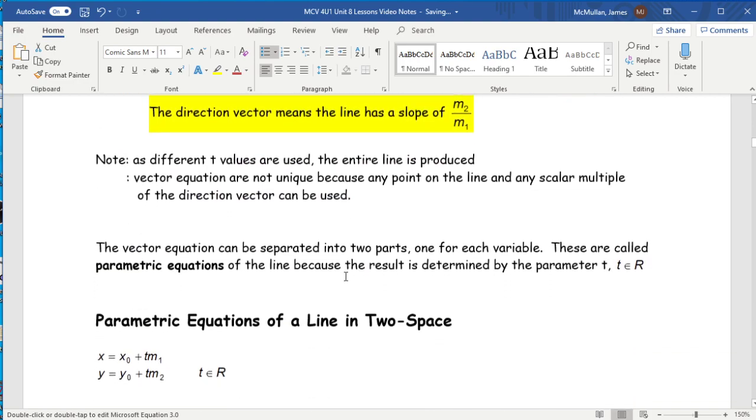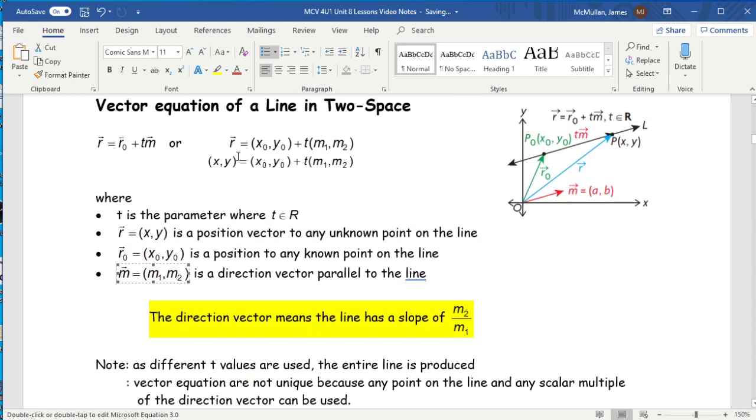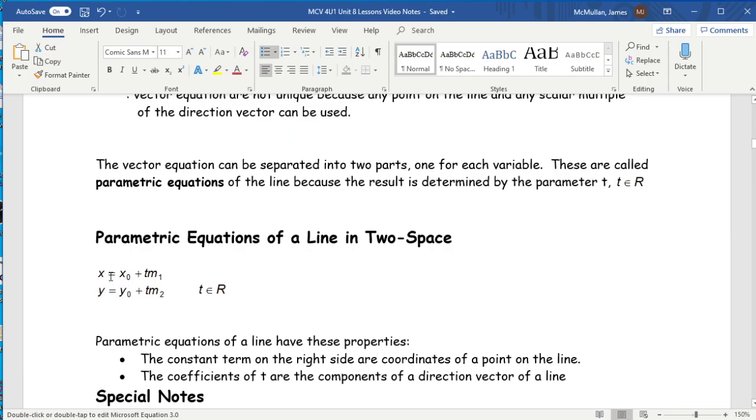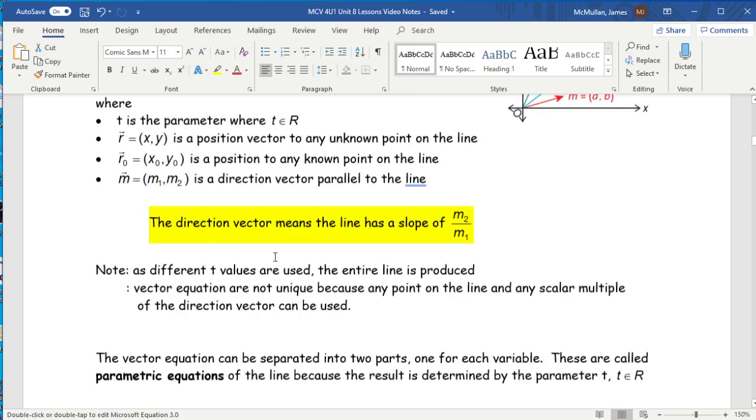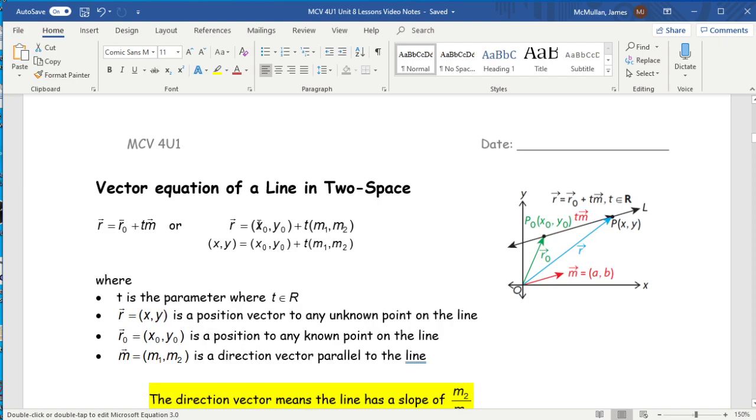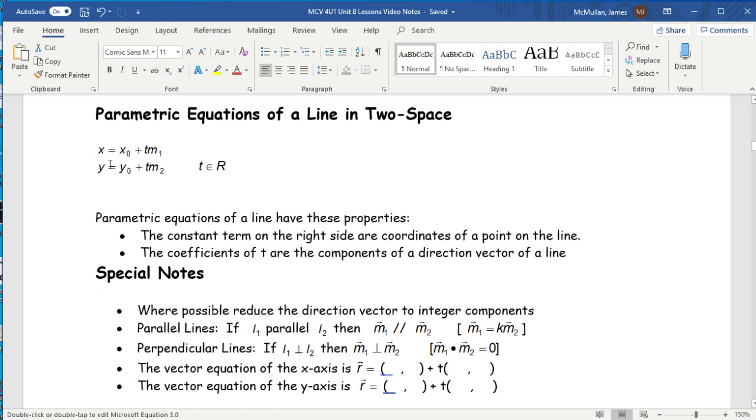There's another way to express this, which is simply to take this equation and separate it into two equations where one only looks at x and one only looks at y. And if you only look at x, you would come to the conclusion that x is equal to xo, which is the known point, plus t times m1. Right? Just look back up here. xo plus t times m1 gives you the x coordinate. yo plus t times m2 gives you the y coordinate.